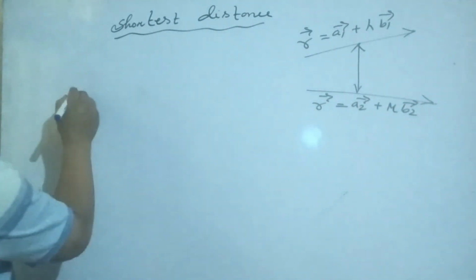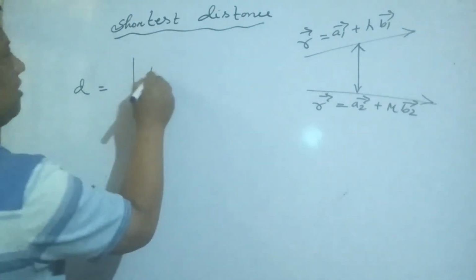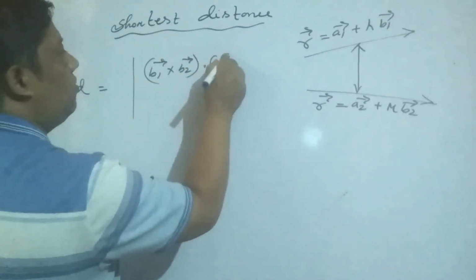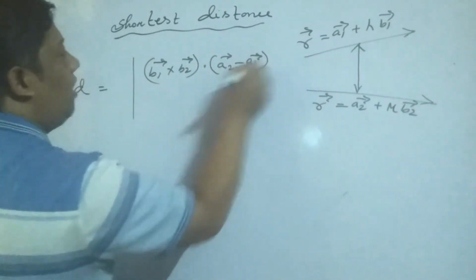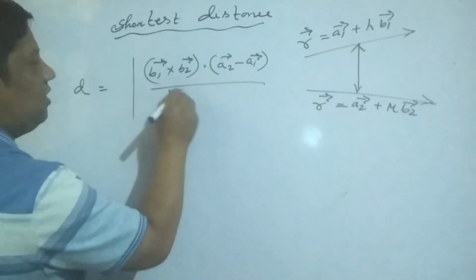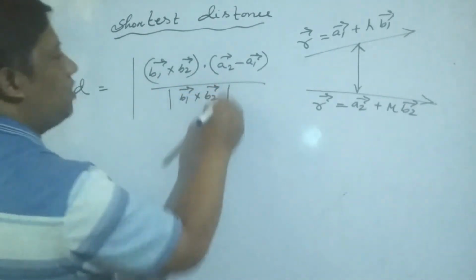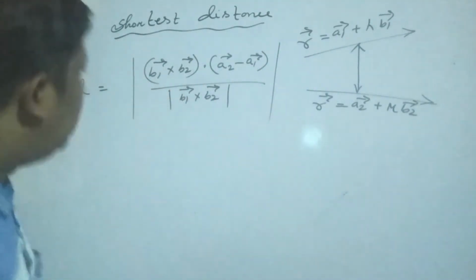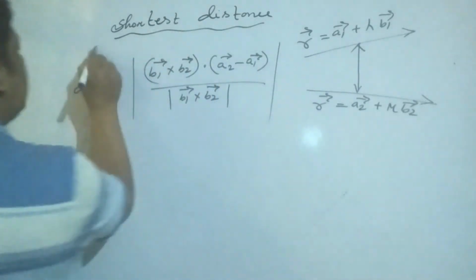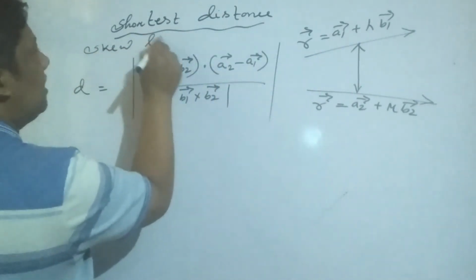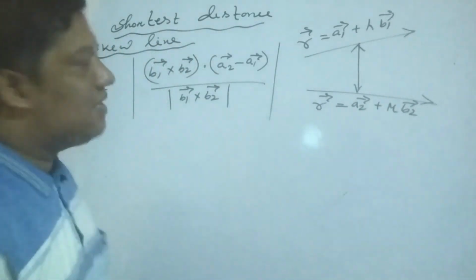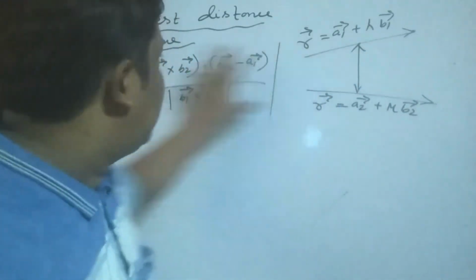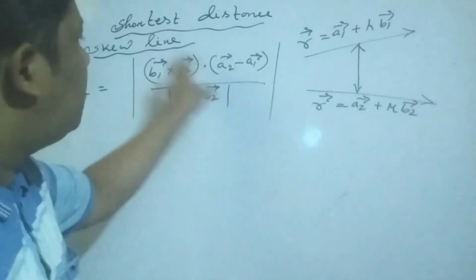In this case, the shortest distance is given by b1 cross b2 dot a2 minus a1 upon magnitude of b1 cross b2. So you can find the distance between the two lines, and these lines are skew lines, because these lines are not parallel, not perpendicular. If a line is not perpendicular and not parallel, that line is called a skew line. And in these cases, you will use this.